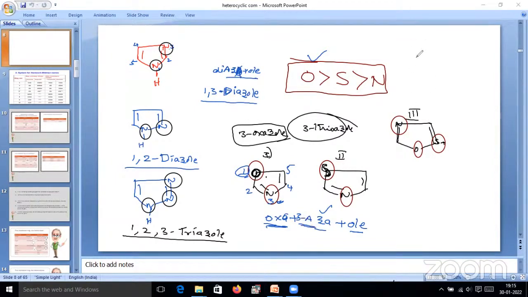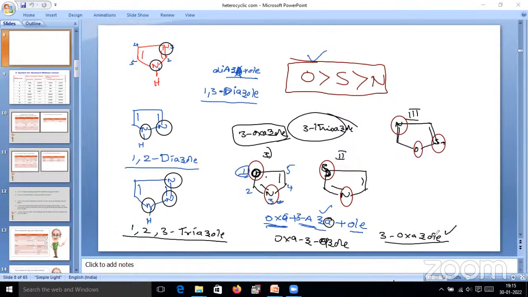If you need not write the first position, you can mention the third position before the nitrogen atom. So you can write like this: oxa 3-azole, or 3-oxazole.